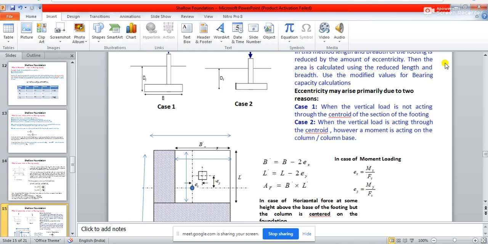Once you get these, you use those values in the bearing capacity equation to calculate the final bearing capacity, which will automatically take care of the effect of eccentricity on the footing. Okay, is there any doubt?